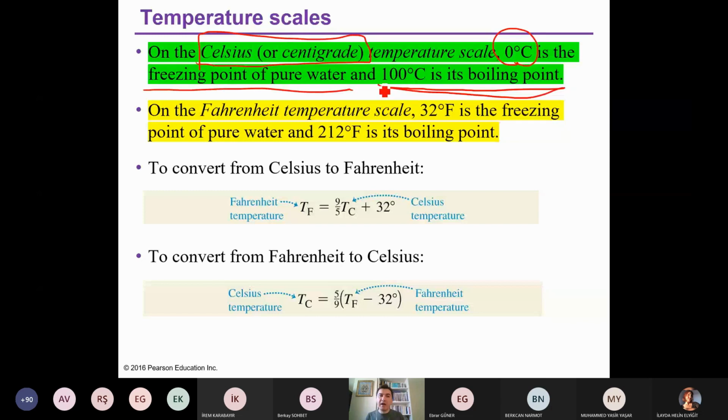Okay, but in case of Fahrenheit temperature scale, 32 degrees Fahrenheit is the freezing point of pure water, and 212 degrees Fahrenheit is its boiling point. So what is the difference between 0 and 100 degrees Celsius here?